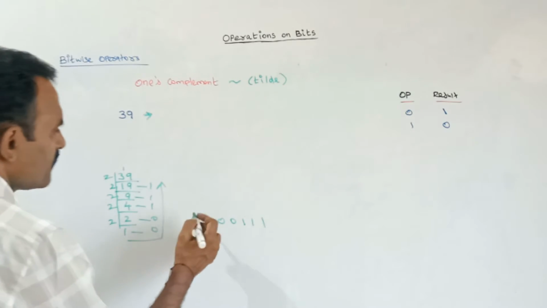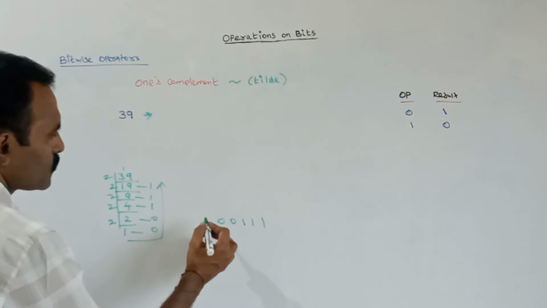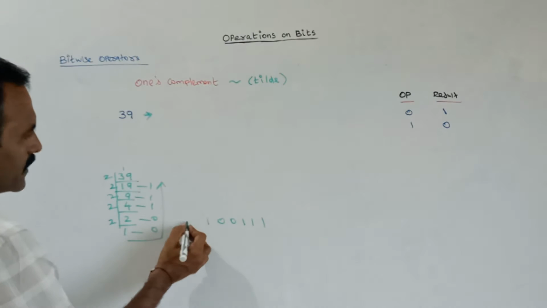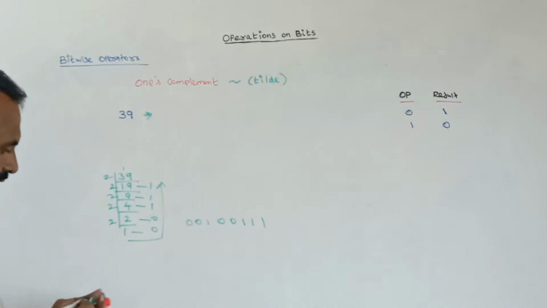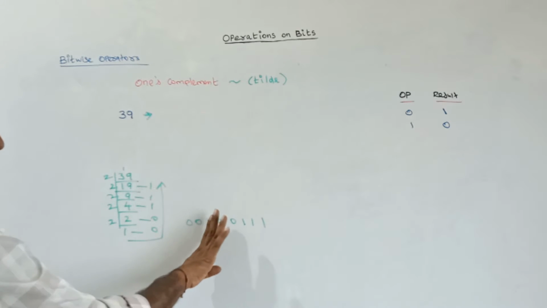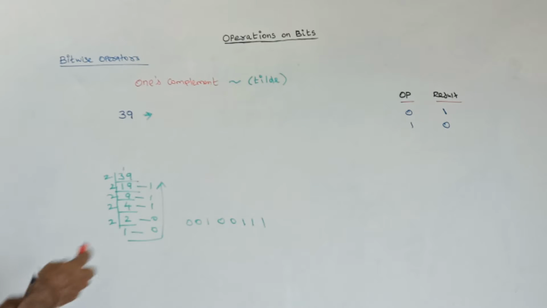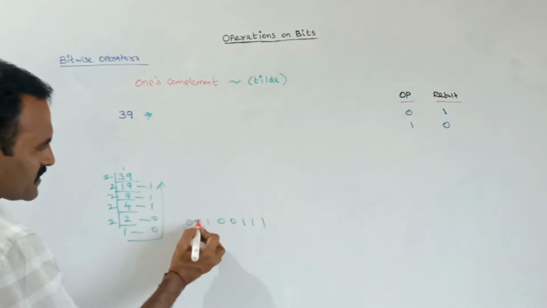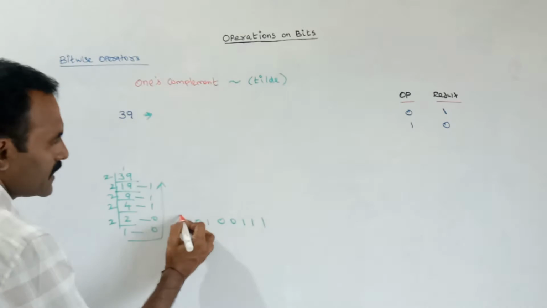Totally how many digits are there? 8 bits. So remaining in front of these binary values you put 0, and we can put 0 in the blank space.